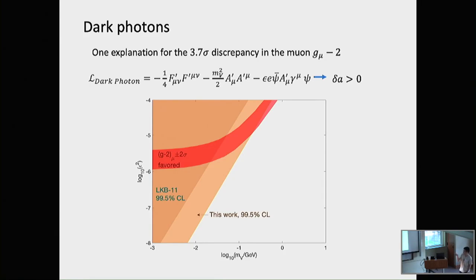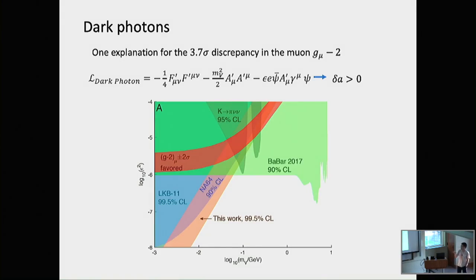With the improved measurement from our group, we can now rule out even more space. I also want to point out that dark photons are also studied by a lot of particle physics research in the world, so there are other exclusion plots available for the dark photon.